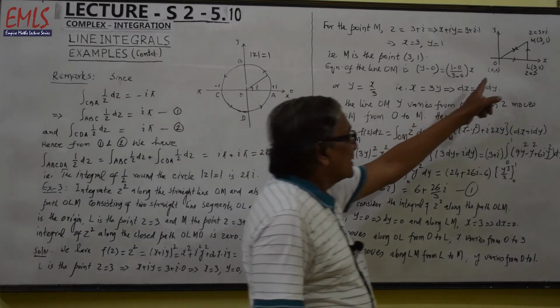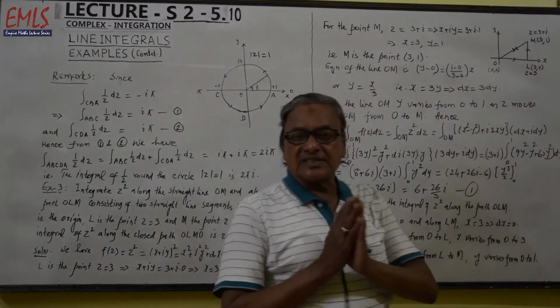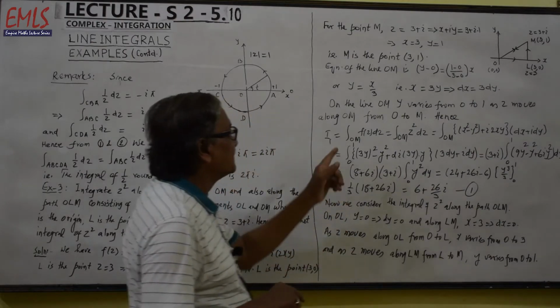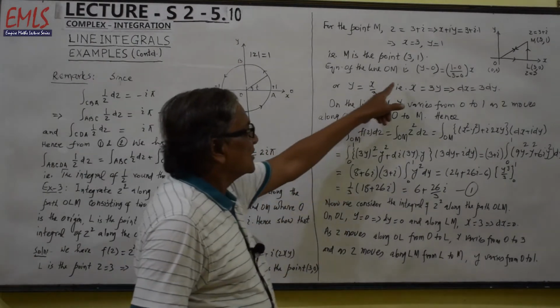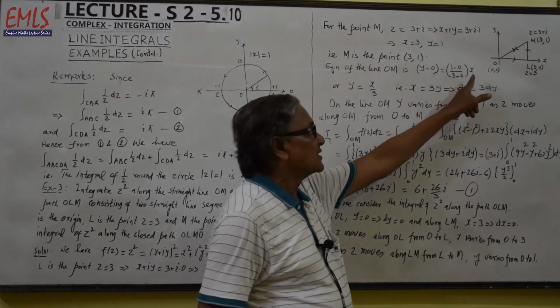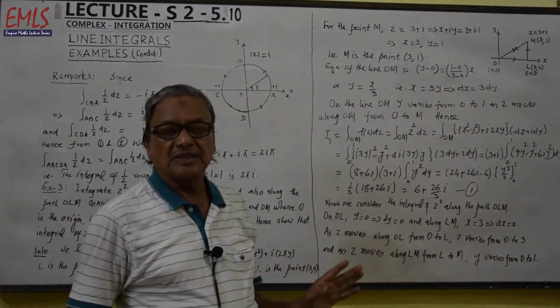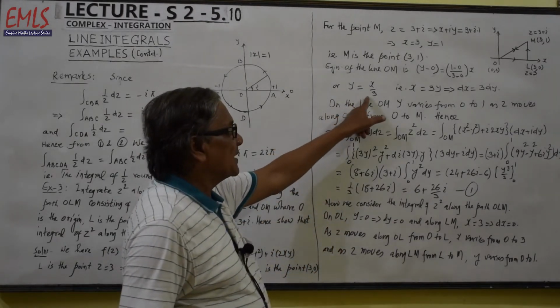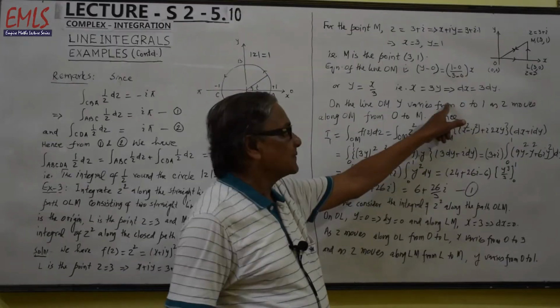Now we want to find the equation of the line OM, the straight line joining the points origin to M, that is (0, 0) and (3, 1). This will be y minus 0 equal to (1 minus 0) by (3 minus 0) into x, the equation of a straight line joining two points, or y equal to x by 3, that is x equal to 3y.